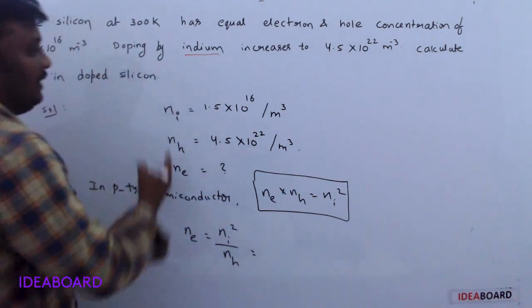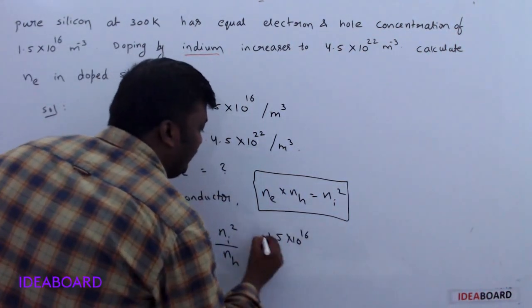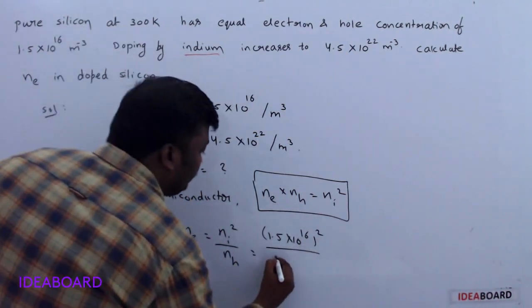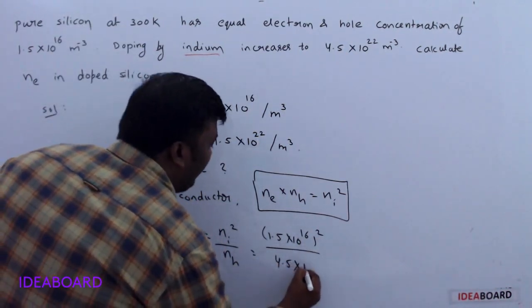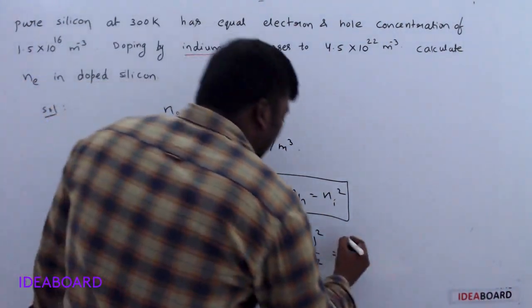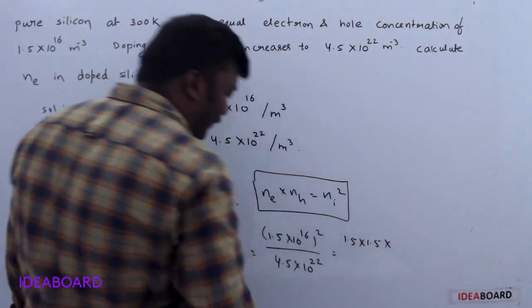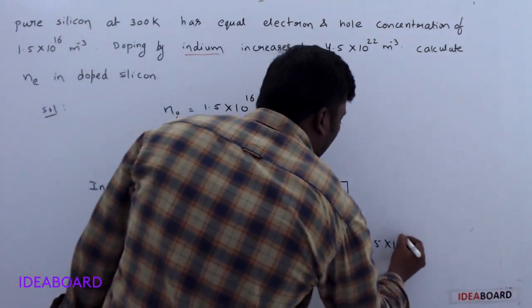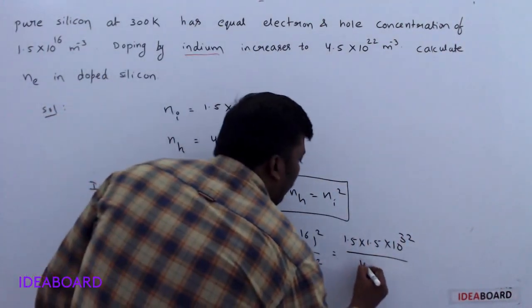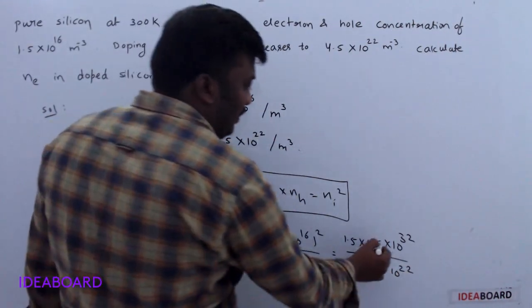Ni value is 1.5 × 10^16, whole square, by NH value 4.5 × 10^22. This can be written as 1.5 × 10^32 by 4.5 × 10^22.